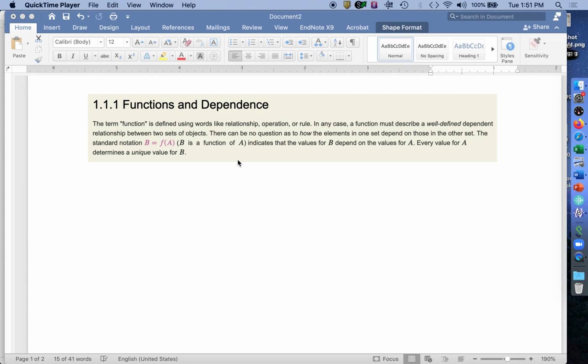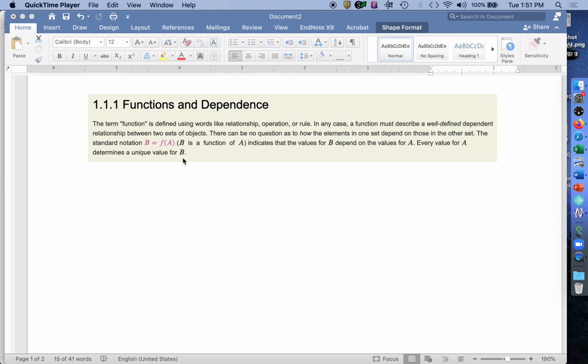There can be no question as to how the elements in one set depend on those in the other set. The standard notation b equals f of a, that's saying b is a function of a, indicates that the values for b depend on the values for a. Every value for a determines a unique value for b.